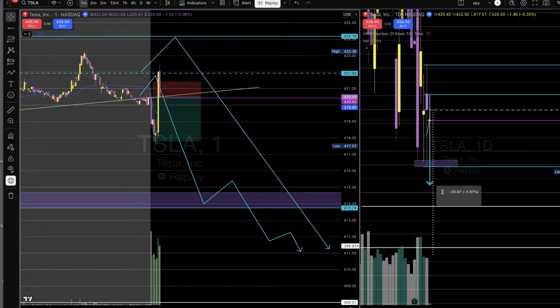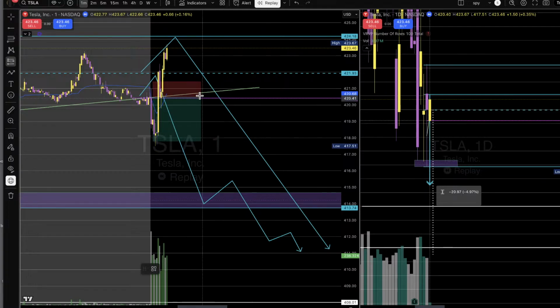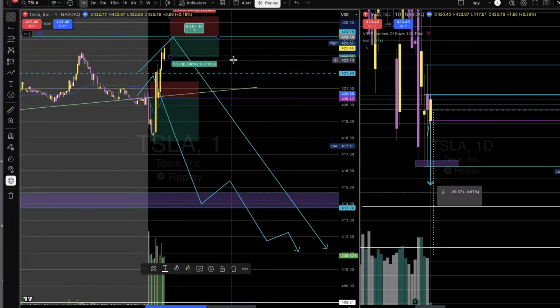Boom. And then there's that big old move, which counts as a retest of the 0% line. Ooh. Are we going to retest the top of the body? Yes, that's a good spot. That's what I would do.